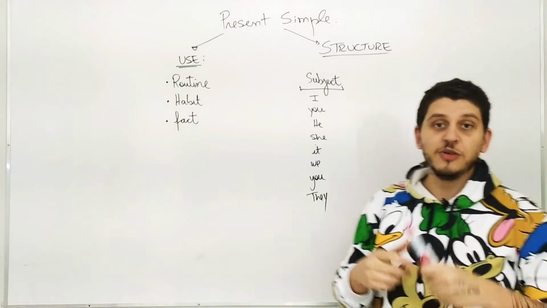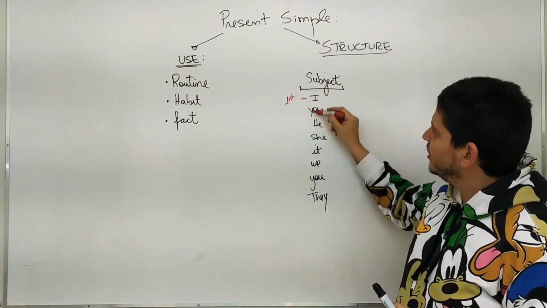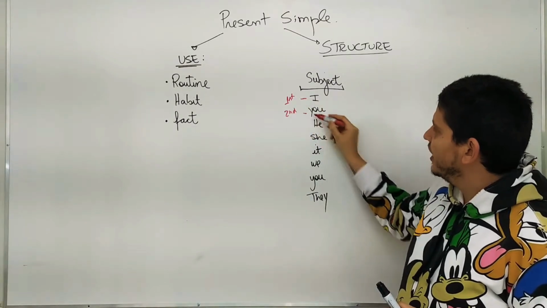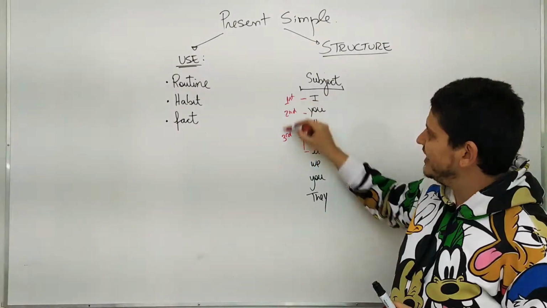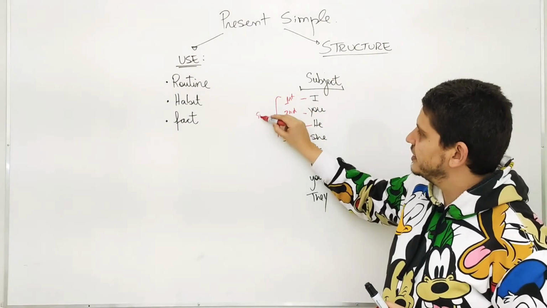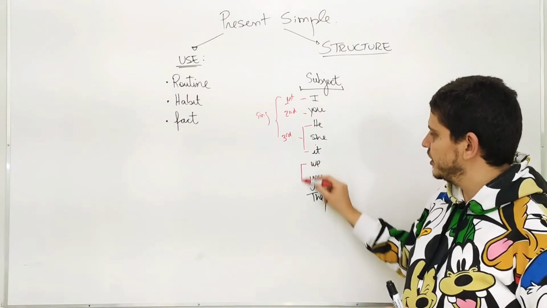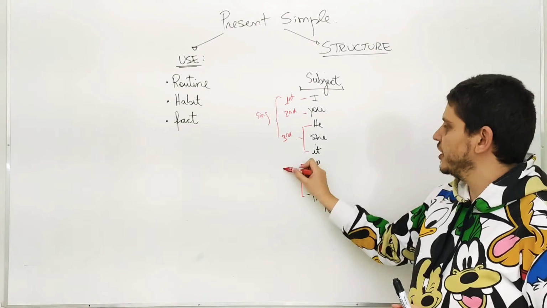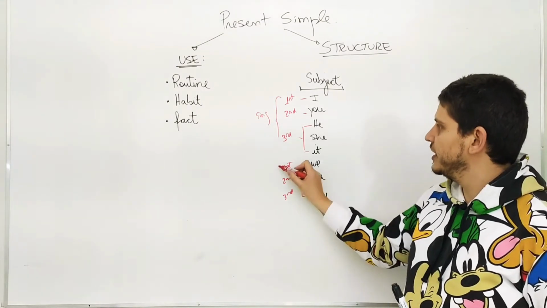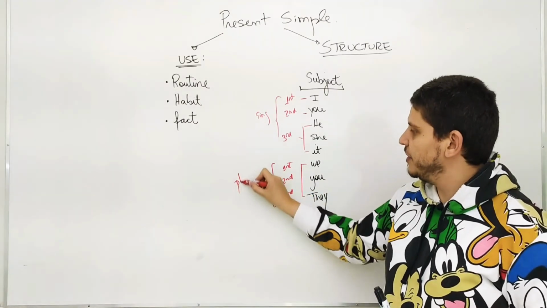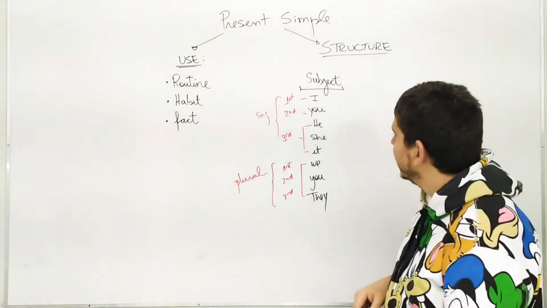I hope you still remember that I is the first person, you is the second, he, she, it describe the third person. And these guys here are in the singular. And we have the persons of the plural. First person, second person, third person. But now we are describing the plural form, not the singular anymore.